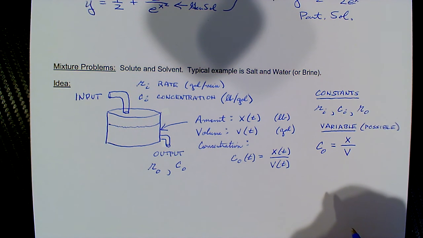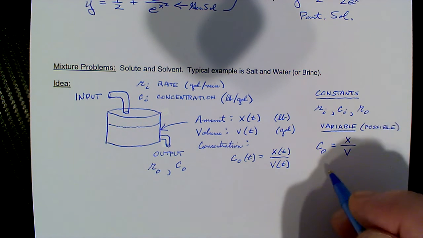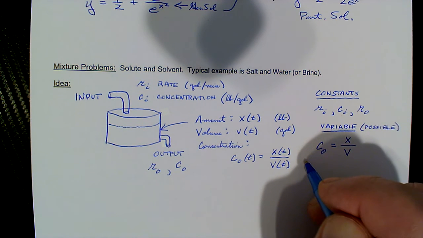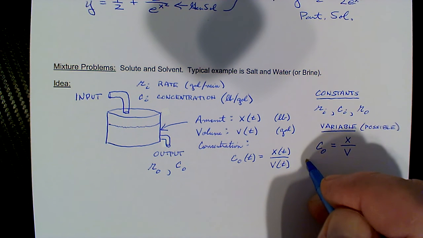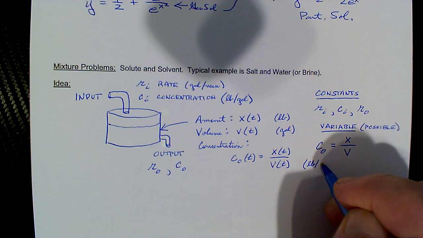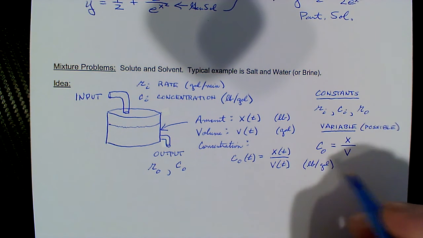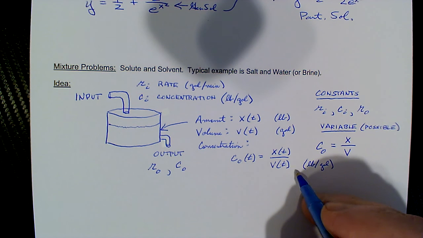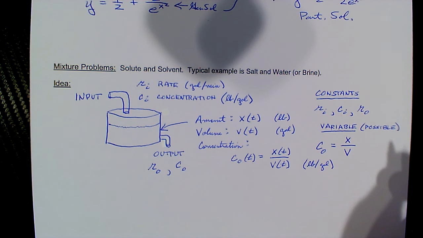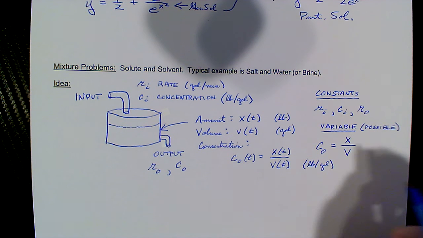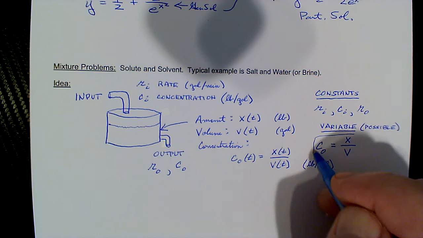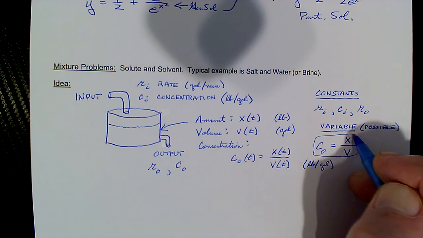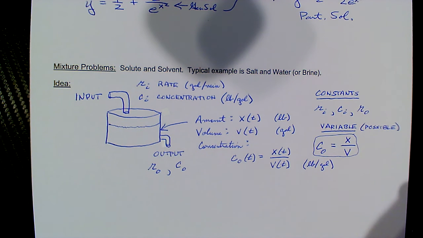Now, the units for this concentration would be pounds per gallon, because the amount is in pounds and the volume is in gallons. Okay, so that's a very important idea, that the concentration coming out could vary.